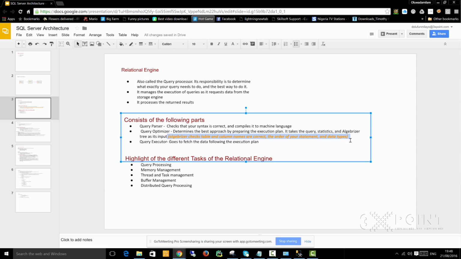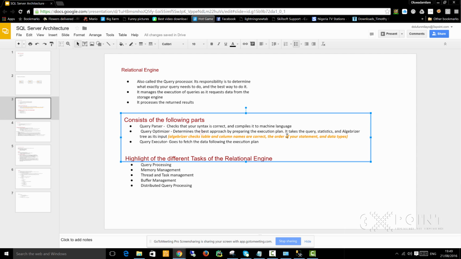Checking syntax is about whether your FROM is followed by the SELECT, or if the ORDER BY comes before the GROUP BY. That's what we mean by syntax. But the algebraizer just checks if the table exists, or if the spelling of the table or column is correct. That's just the job of the algebraizer.